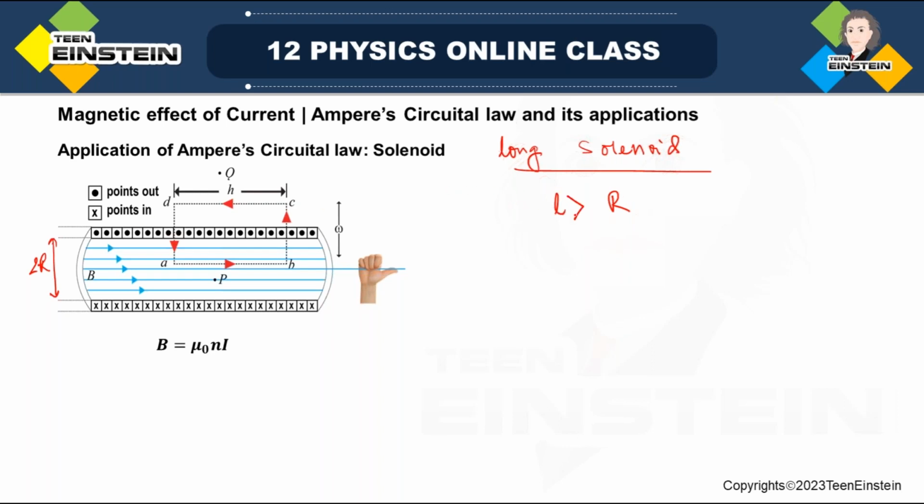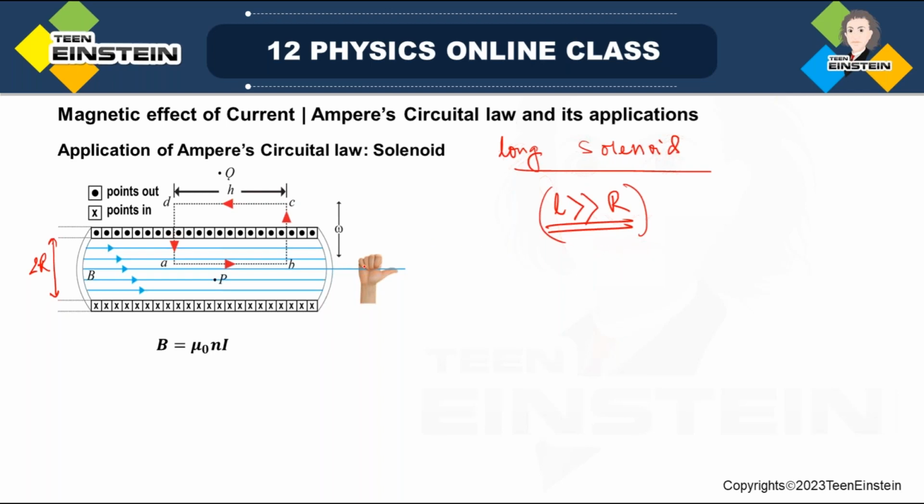If the length of the solenoid is much greater than r, the radius of the solenoid, then it is called a long solenoid, or infinite solenoid also we can say. Very long, straight solenoid.